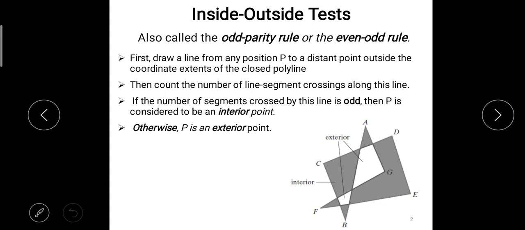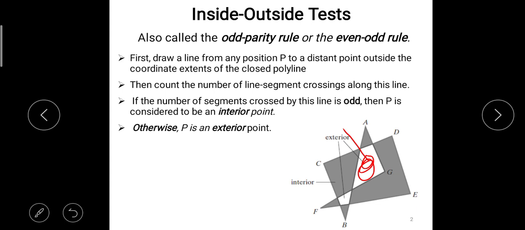Otherwise, P is an exterior point. The first line which we have considered crosses two lines, which is an even number of edge crossings, so this region will be treated as exterior region.